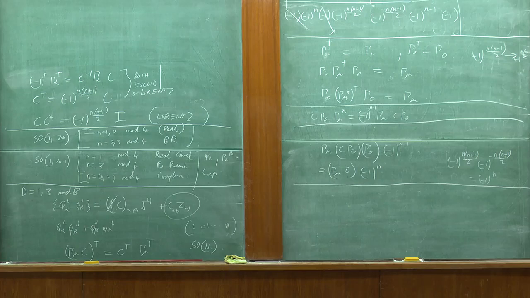Okay? So checking the Jacobi identities in this case is not a particularly difficult thing. I'm going to leave it to you to check this yourselves. All the new things really are trivial.